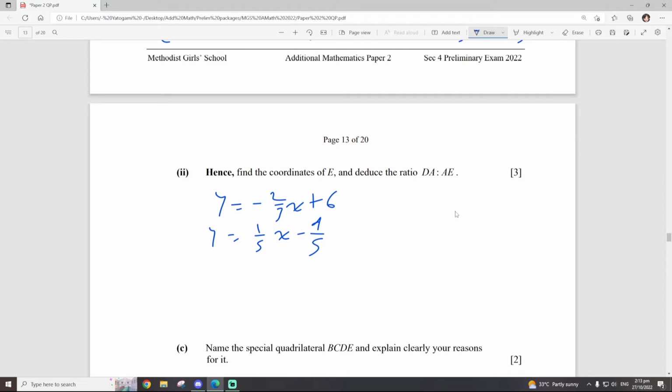One gets (1/5 plus 2/3), which is 13/15, x equals 39/5. So x is 9, and y is actually 0. So it lies on the x-axis. So E equals (9, 0).